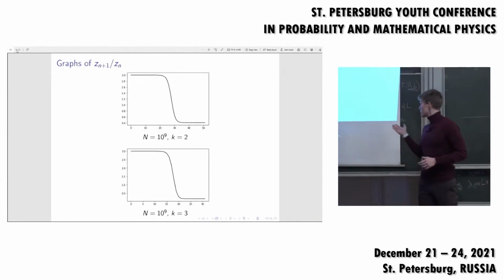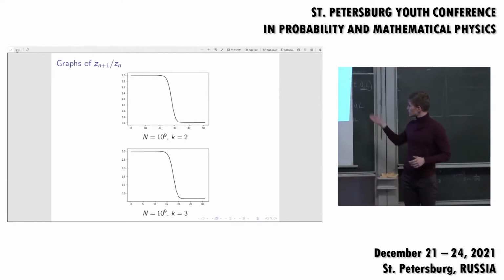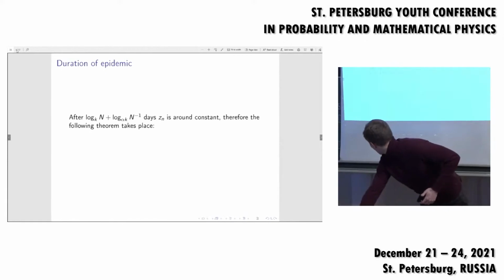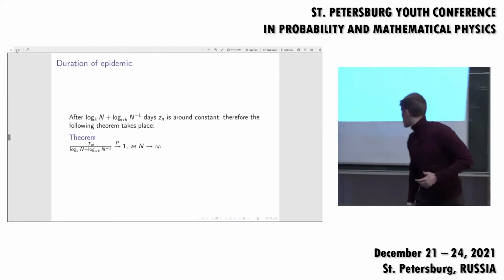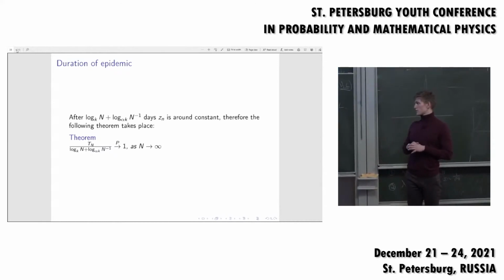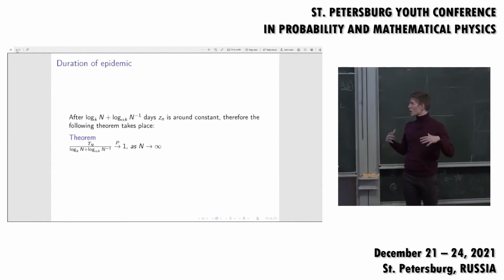Here you can see these rates. The first rate is about k, and the second is some number, about alpha k. Then we can see that after the second period of time, n becomes around constant.